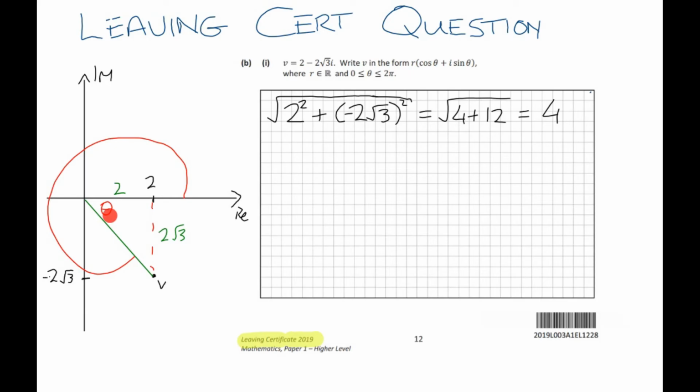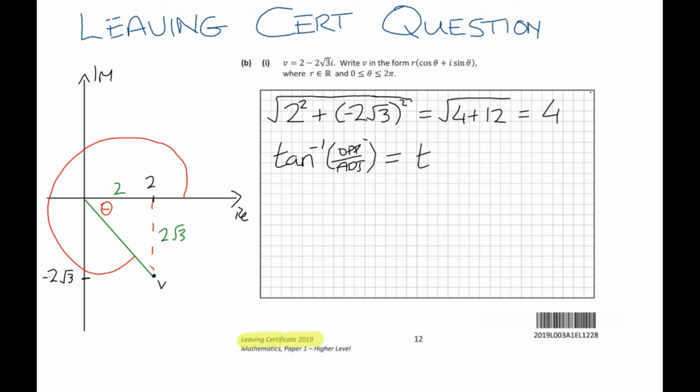Now I have the opposite side. So remember your trig ratios. I have my opposite side and I have my adjacent side here. So opposite and adjacent, that's going to be the tan ratio. So therefore tan inverse of opposite over adjacent is going to be what I'm looking for. Again, you wouldn't write this in the exam, of course, you just go straight to the answer.